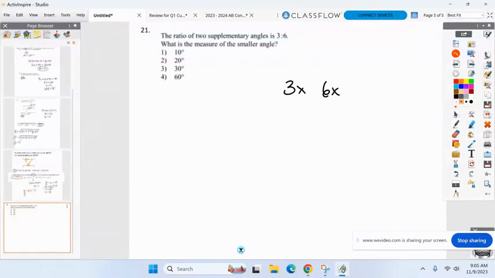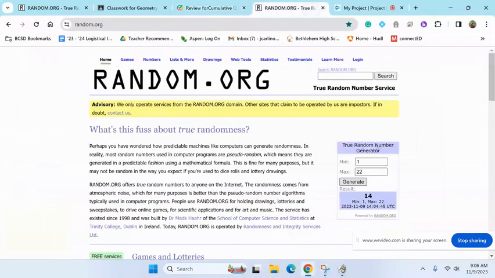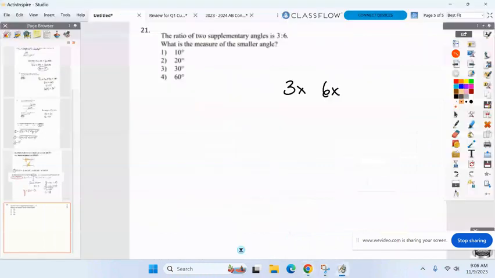Now what do I do with them? We got to know what the term supplementary means. What do I do with those two angles if they're supplementary? Make them equal to each other. Supplementary, huh? Supplementary, you make them equal to 180. Okay, add them up, set them equal to 180.